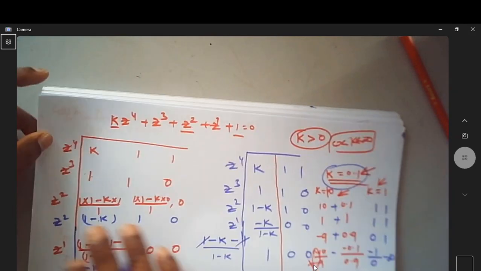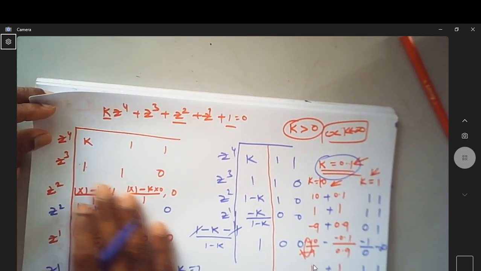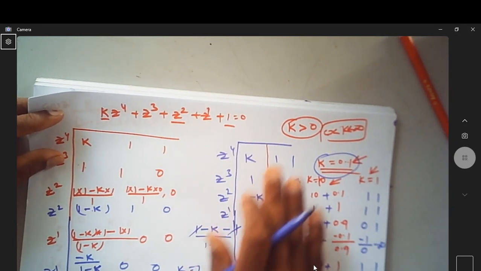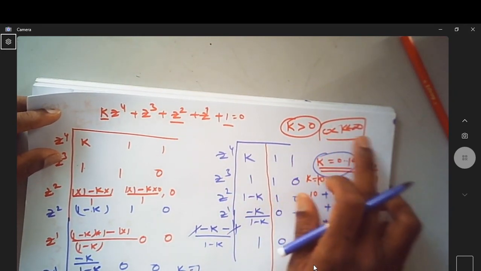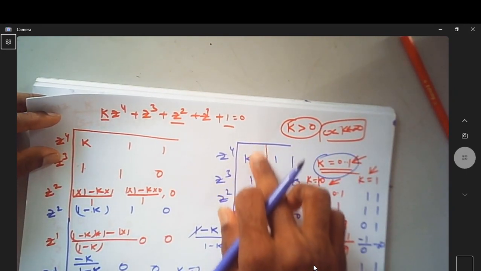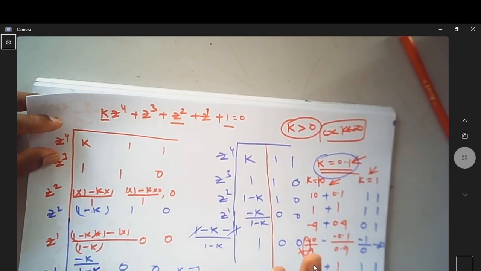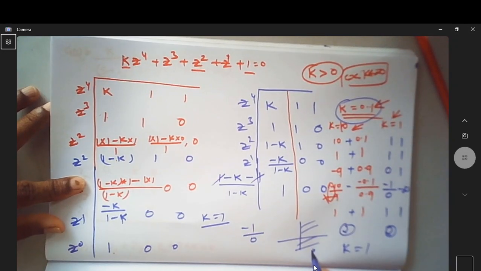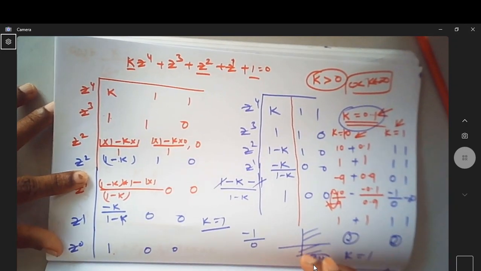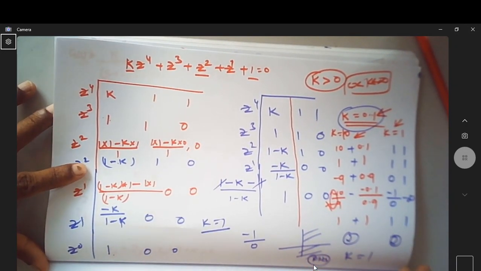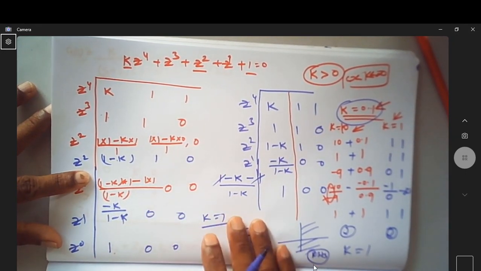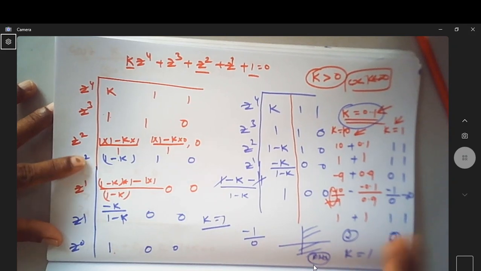For this characteristic equation, we had this situation. This situation says that for any value of k between 0 and infinity, there are two sign changes, meaning there are two closed loop poles always on the right hand side. Two are there on the left hand side, but since there are two on the right hand side of the S plane, the system is unstable.